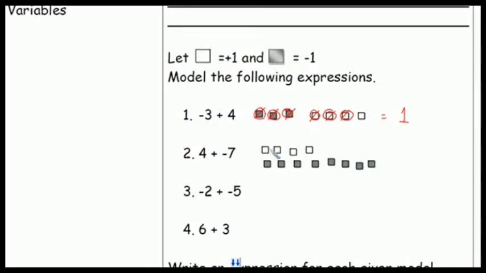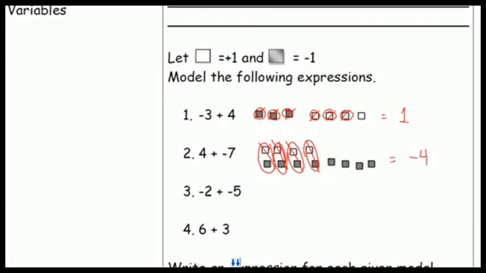And now that I've done my model, you can see really quickly that there's a zero pair, and there's a zero pair, and there's a zero pair. So these cancel each other out. Remember, they're worth nothing. So the only thing I have left is 4 of the shaded ones, and since the shaded are negatives, my answer is 4 negatives, negative 4.